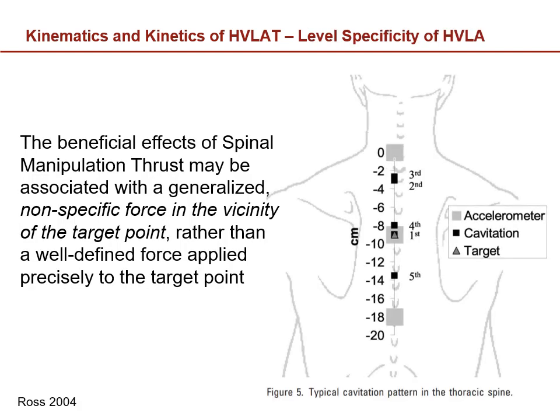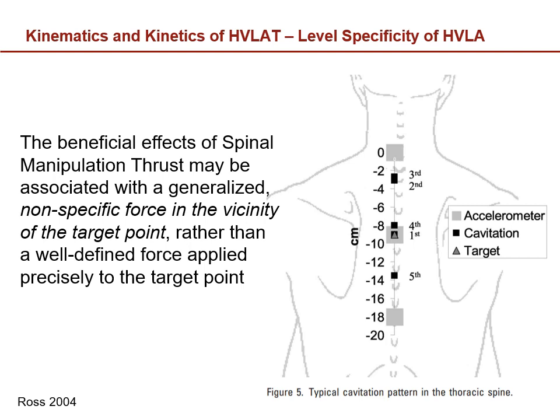Okay, so the beneficial effects of spinal manipulative therapy or thrust may be associated with a generalized non-specific force in the vicinity of the target segment rather than a well-defined force applied to a precise target. And this is the conclusion of Ross 2004, and they drew up the schematic that helps us to visualize this. So the small triangle denotes the target segment or level, and that's also where the small applicator or the hand was placed during the thrust technique.